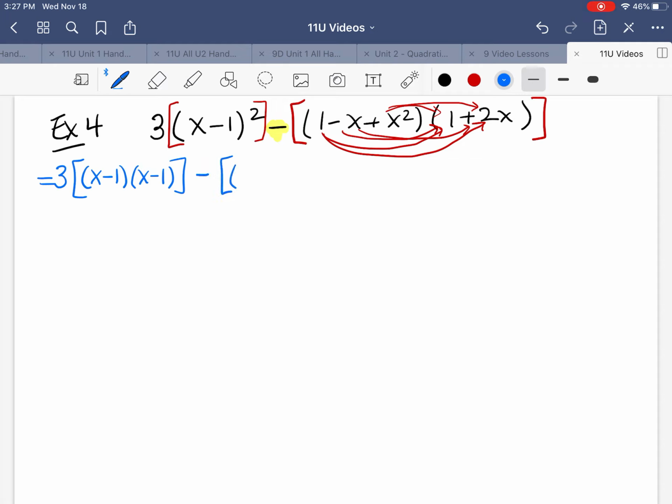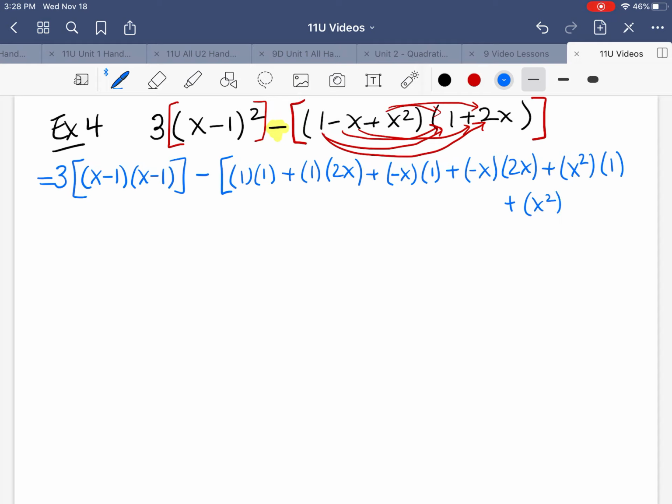So minus square bracket, 1 times 1 plus 1 times 2x plus 1, plus negative x times 1 plus negative x times 2x plus x squared times 1, and I can't fit it all in, plus x squared times 2x. So this is a long, long question. All right, let us go back to the beginning.